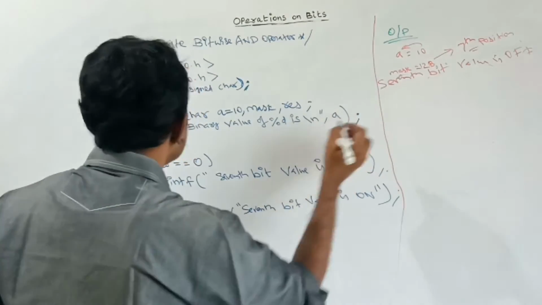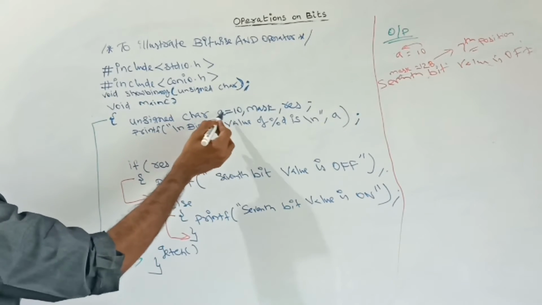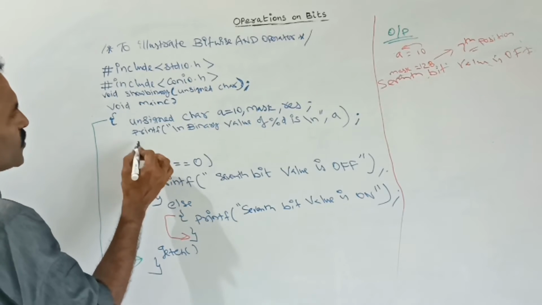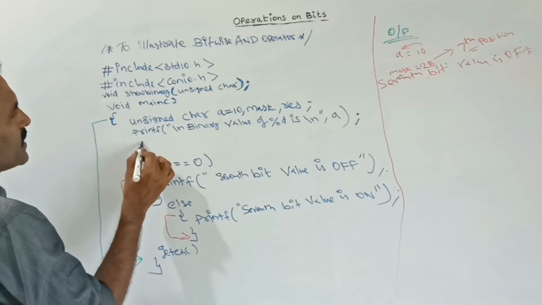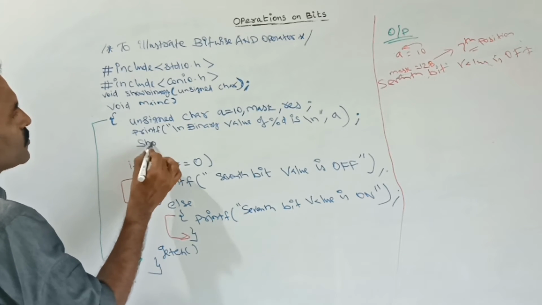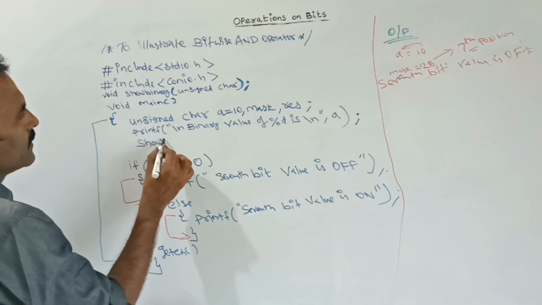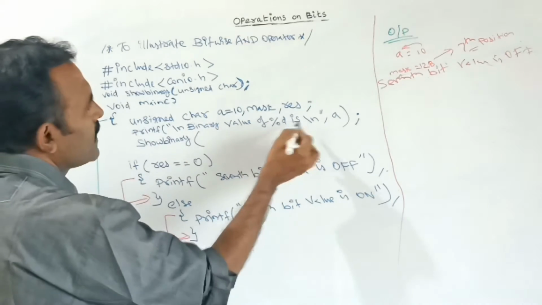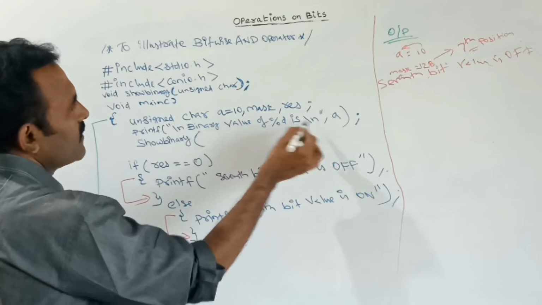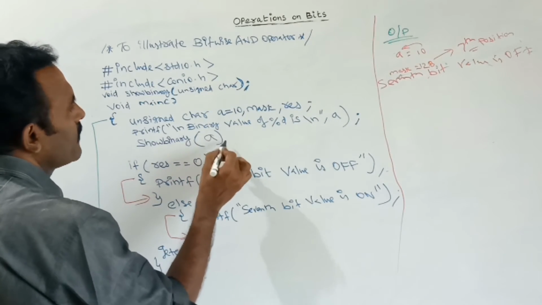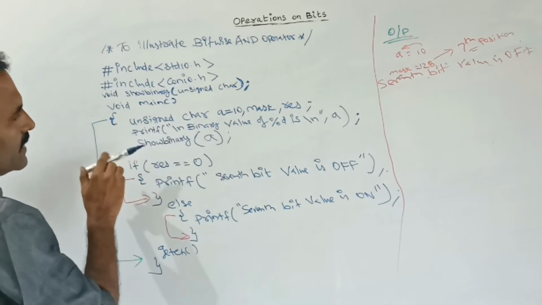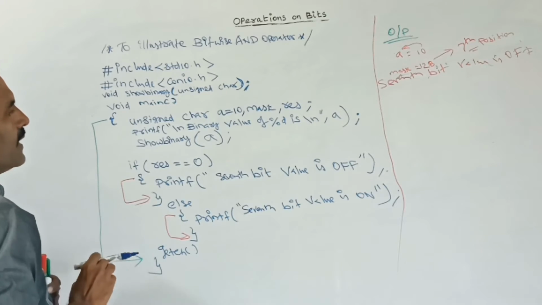Next I am passing this a to the so binary function, that is the user defined function. So here I am calling the user defined function so binary. Inside I am passing this variable, that is variable name a. So the corresponding binary number of this a will be displayed in this step.